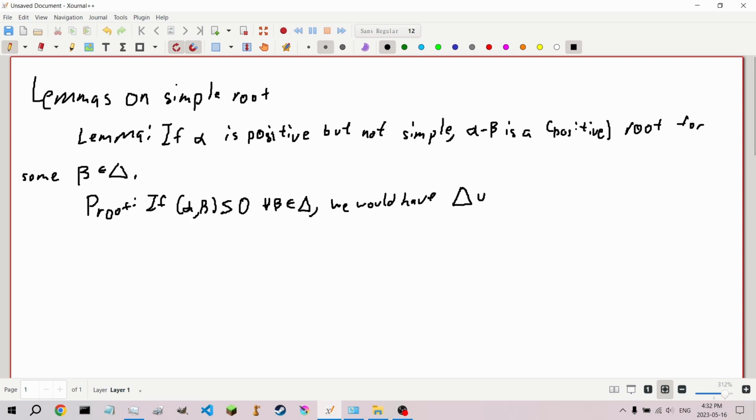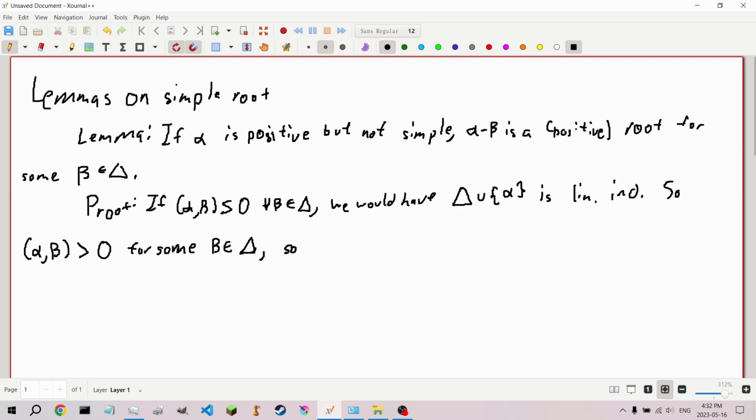We'd have that the union of delta and our alpha is linearly independent, but we know that delta is already a basis of E. So we have a beta such that the form of alpha with beta is positive for some beta in our base. So alpha minus beta is a root.